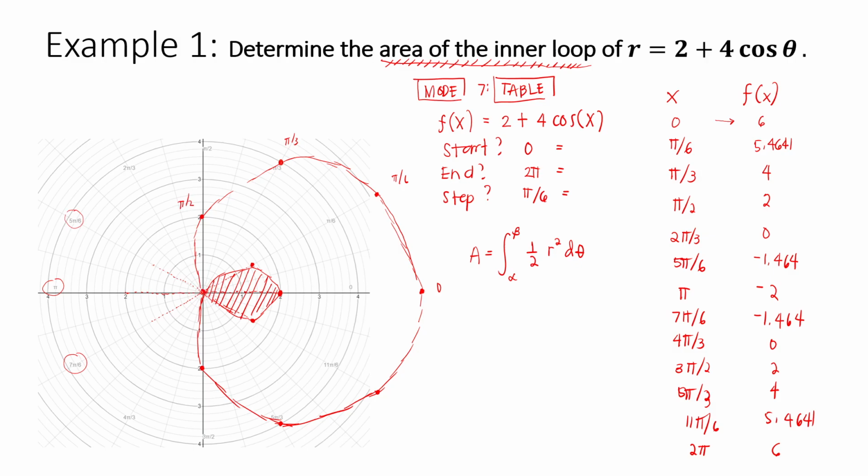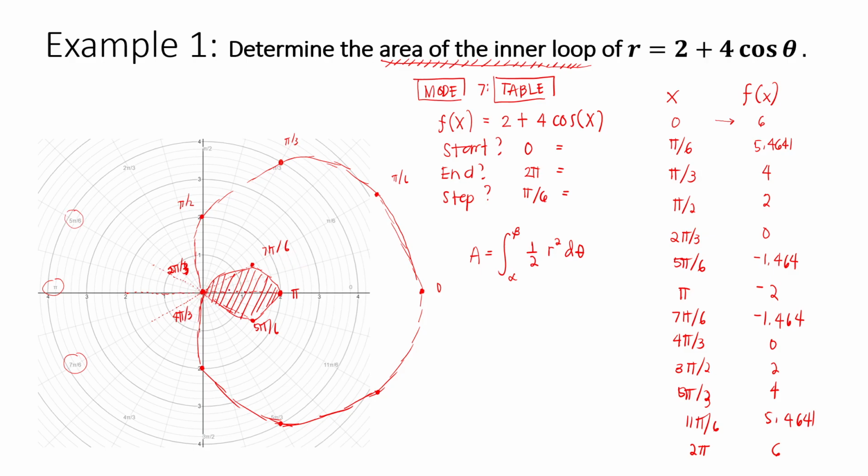So the loop, the point 0 started at 2/3 pi, and then this one is 5 pi over 6. This one is pi. This one is 7 pi over 6. And then going back to 0 again, which is 4 pi over 3.